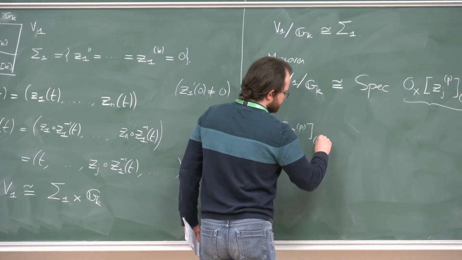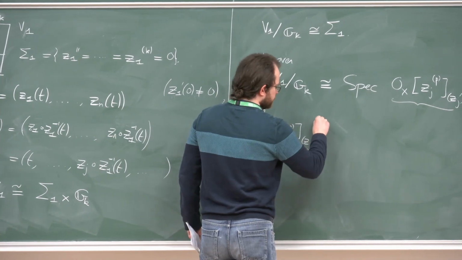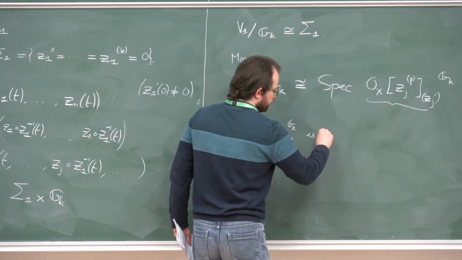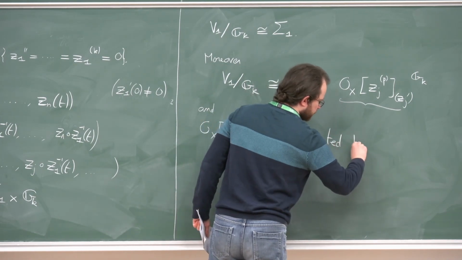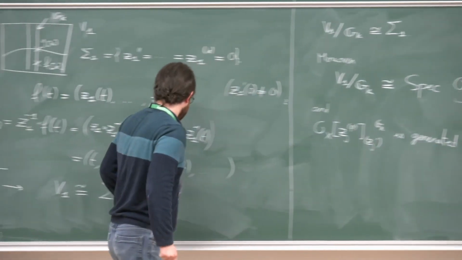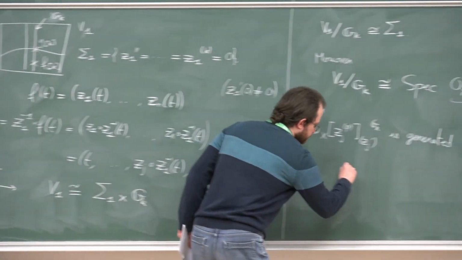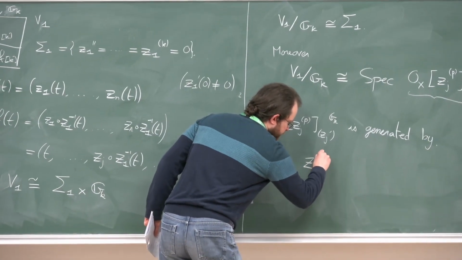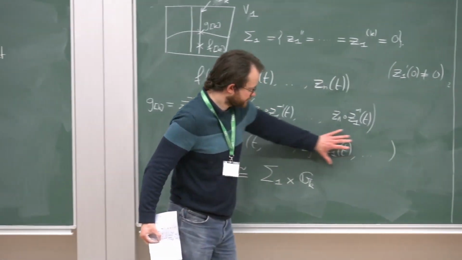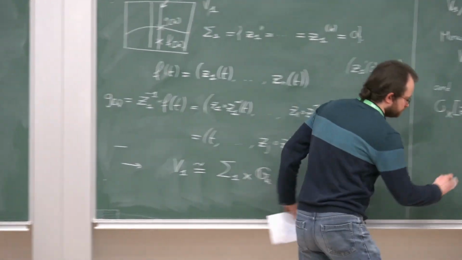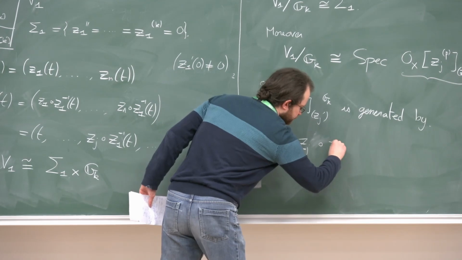I'm going to write that in somewhat formal way. So it's generated by, as I said, applying the coordinate Z_J to these expressions. So, namely, you do that.